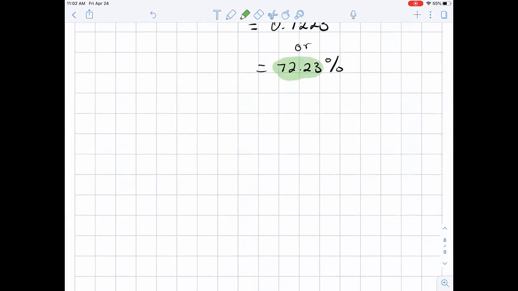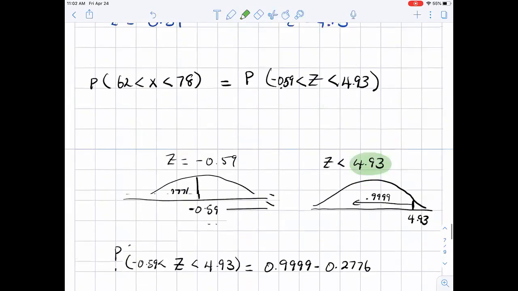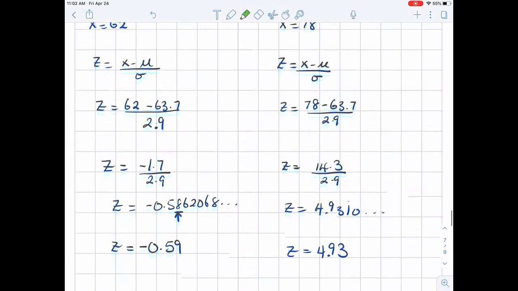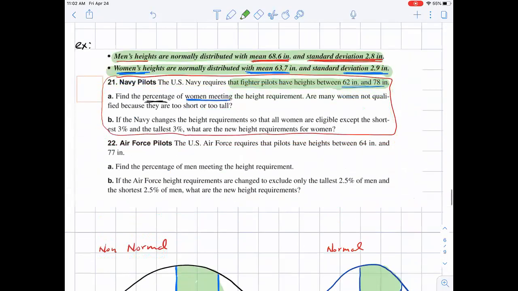They're mostly qualified, because 72.23 is almost 75. Almost 75% of women are between 62 and 78 inches.